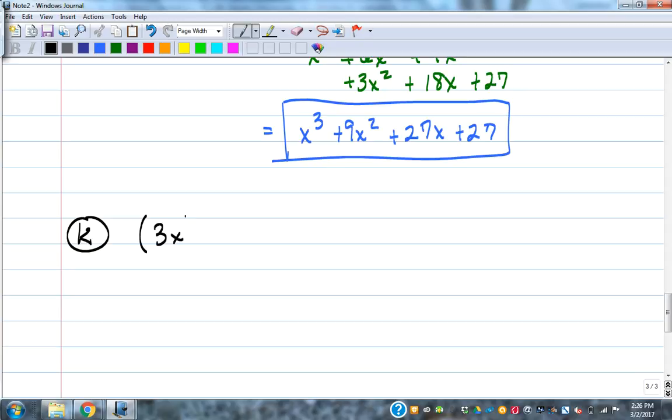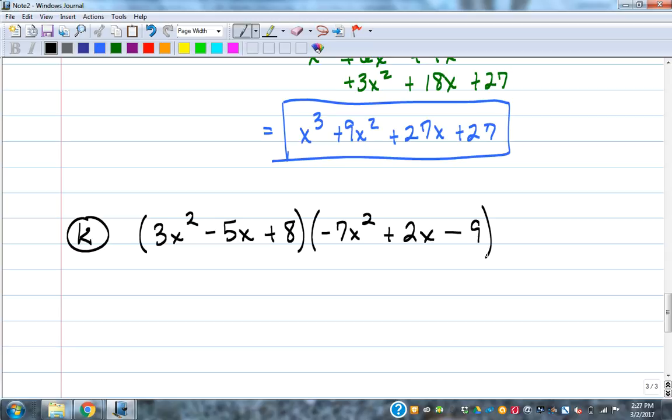Let's take 3x squared minus 5x plus 8 times negative 7x squared plus 2x minus 9. Can't tell I'm making these up. So we have a trinomial times a trinomial. Longest problem that we're probably going to end up doing.